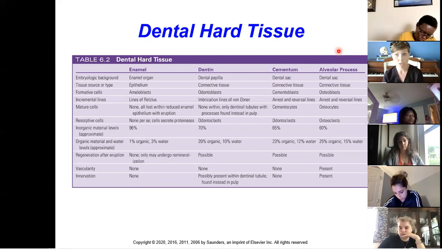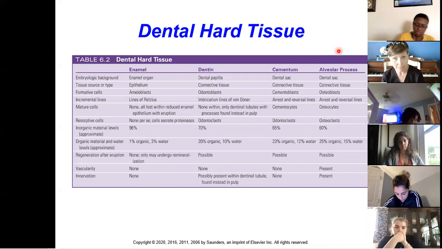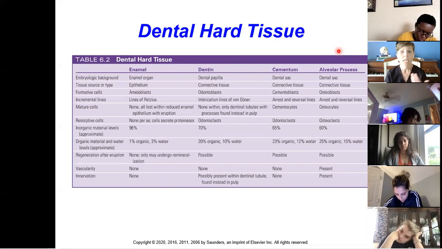The mature cells are osteocytes. Resorptive cells are your osteoclasts. Again, 60% inorganic, 25% organic, and 15% water. It is possible for regeneration after eruption. Vascularity is present and it's innervated by the nerves.